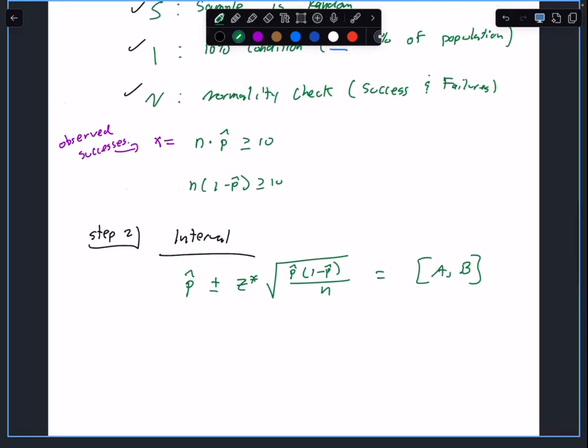For example, what is the sample proportion? That's P hat. What is the point estimate? Same thing, that's also P hat.